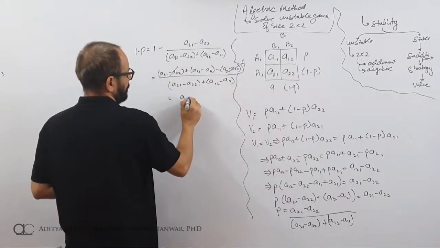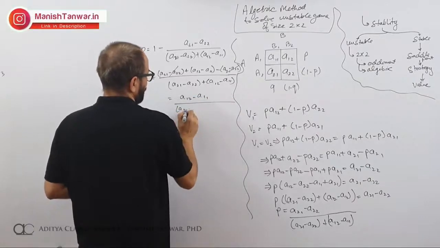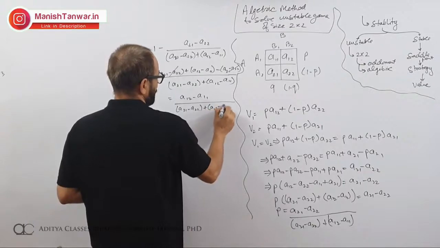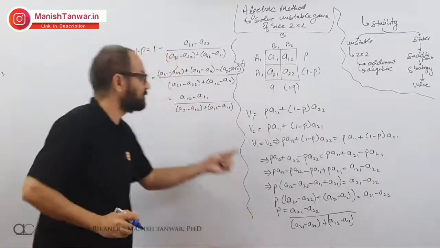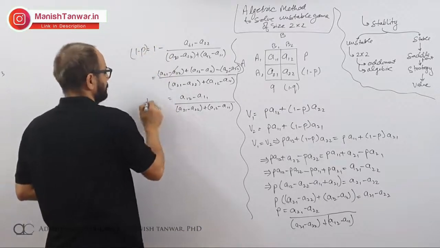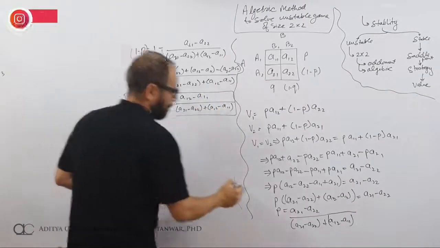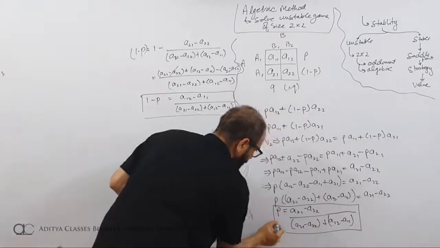So you get A12 minus A11 upon A21 minus A22 plus A12 minus A11. This is the value of P, this is the value of 1 minus P. This is the algebraic method.